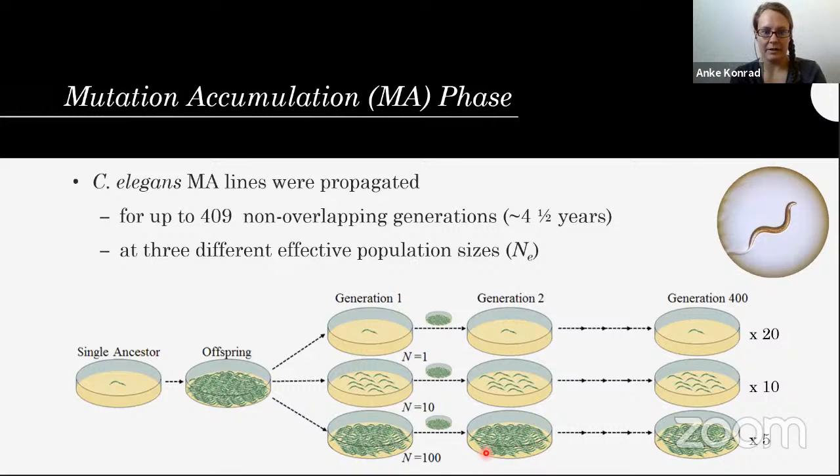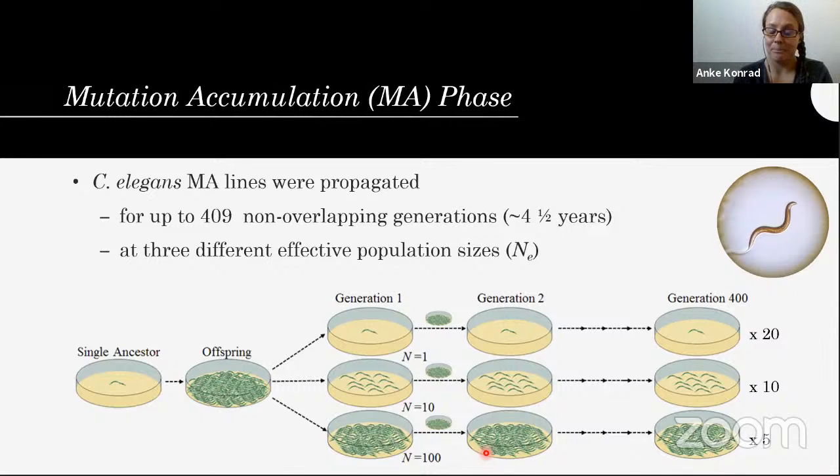In these larger population sizes, the idea was to essentially see how increasing efficacy of selection might affect the number and types of mutations that are accumulated over time. These lines at size 10 and 100 were propagated for over 400 generations, which took about 4.5 years of hard work by Charlie Kachu and her undergrad students.